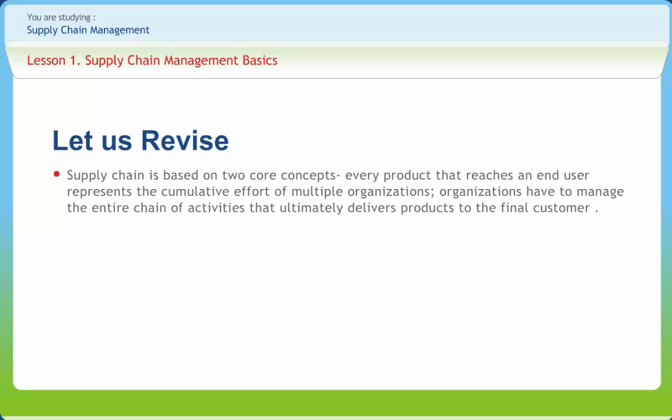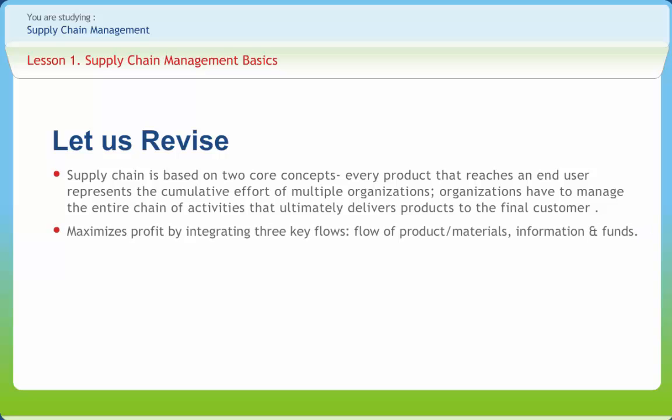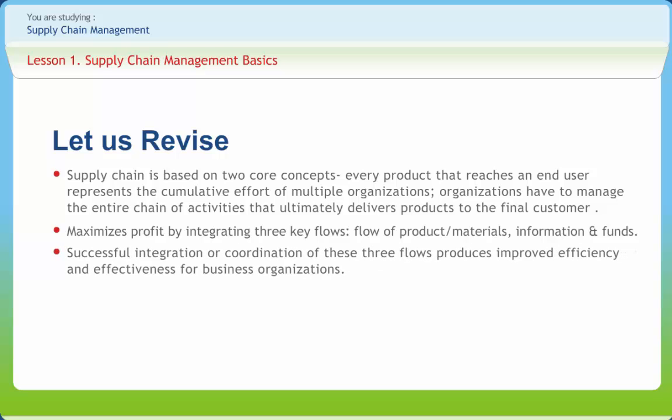Supply chain management (SCM) maximizes profit by integrating three key flows across the boundaries of the company that form the supply chain: flow of product or materials, information, and funds. Successful integration or coordination of these three flows produces improved efficiency and effectiveness for business organizations.